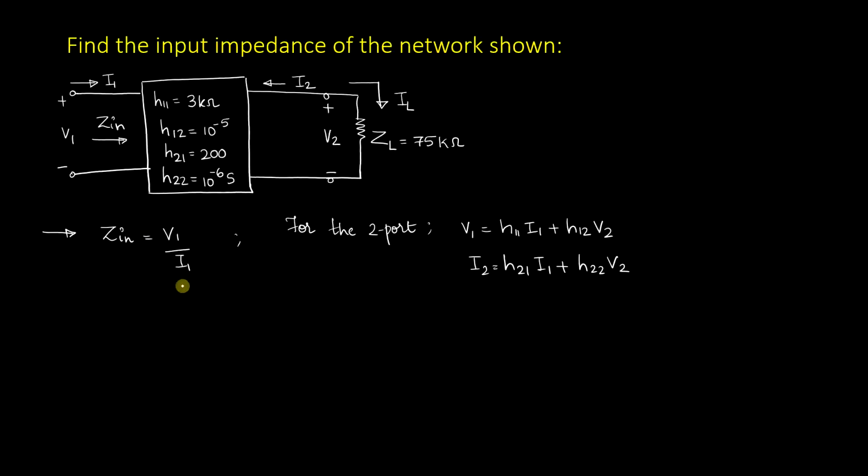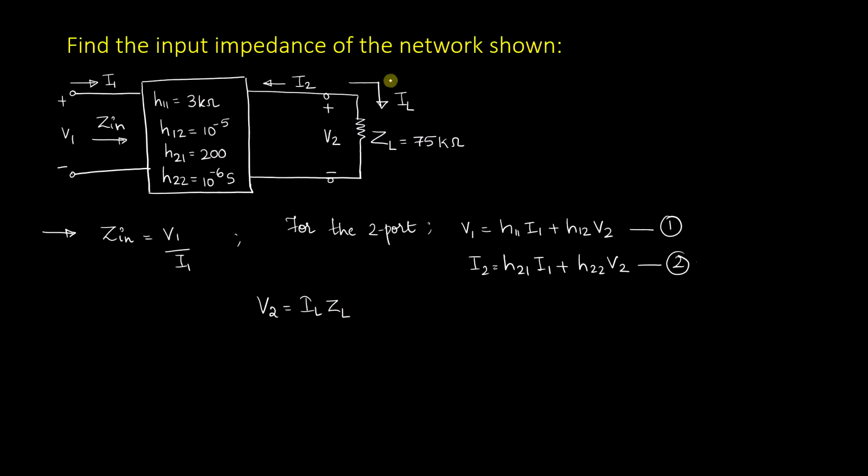To find V1 by I1, you need to find out what is the voltage at the output, that is V2. Then you need to compute the current I2, and then substitute and find V1 by I1. Let me name these equations as equation 1 and equation 2. From the two-port network that is given, I can write the expression for the output voltage V2 equal to IL into ZL.